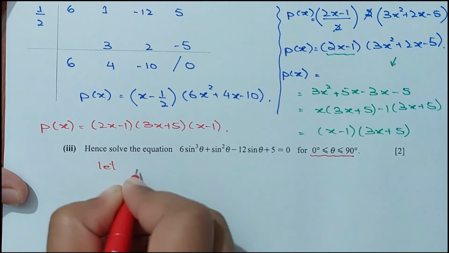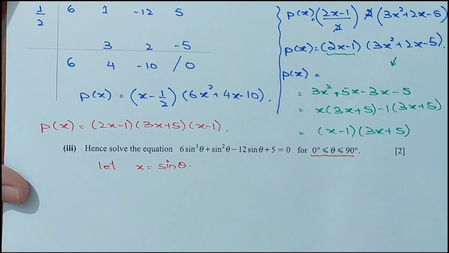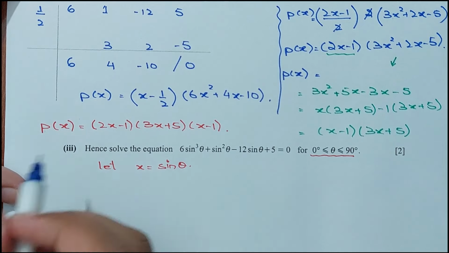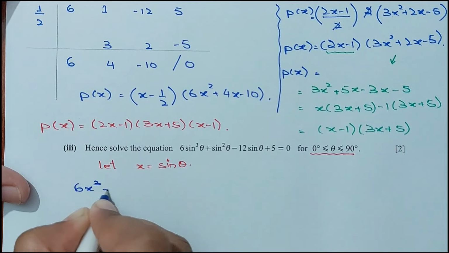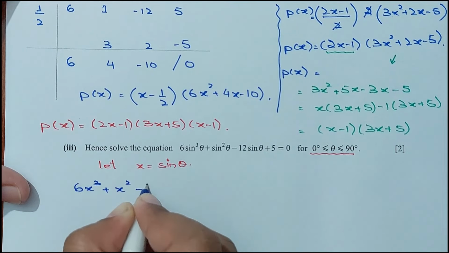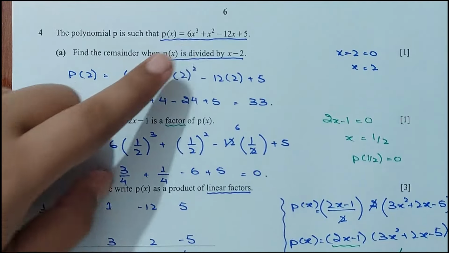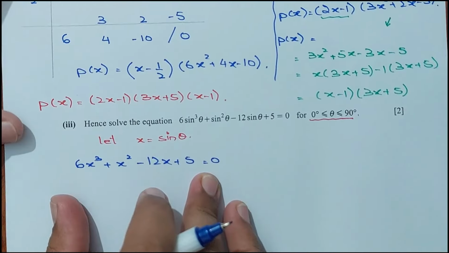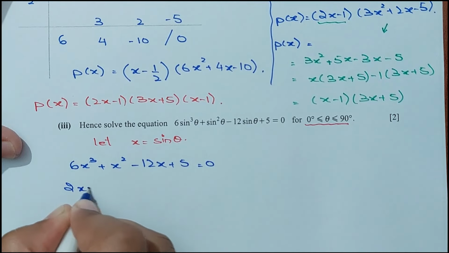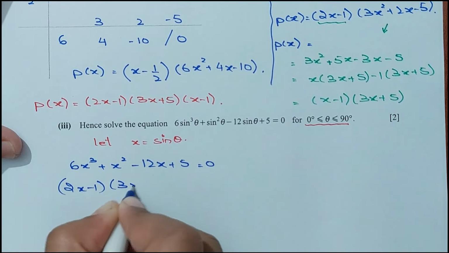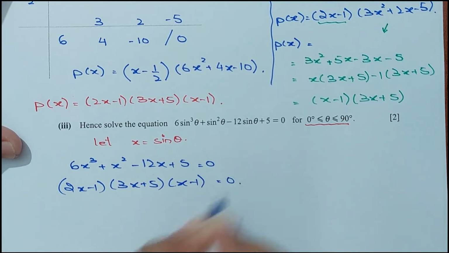So if we have 6x cube plus x square minus 12x plus 5 equals 0, as you can see, this is a polynomial, so it means 2x minus 1, 3x plus 5, and x minus 1 equals 0.